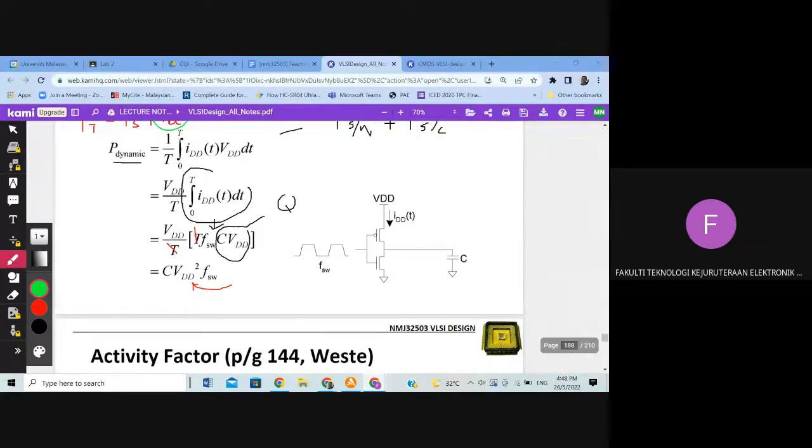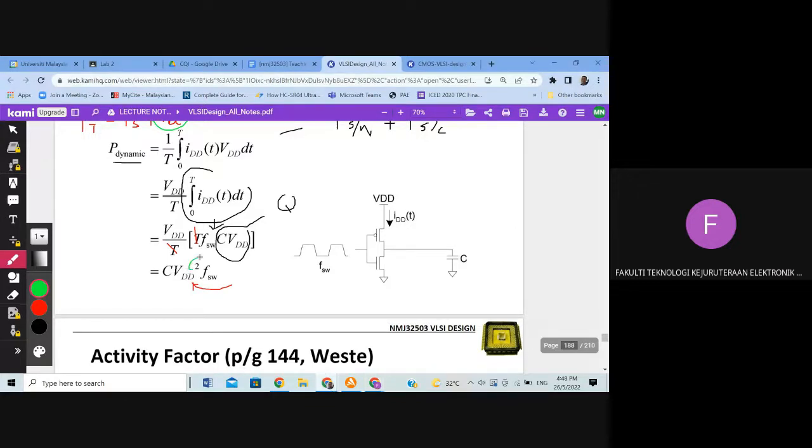The answer is actually that all of the elements are very important. Thank you, Haris, for the response. C, V, and F switching are very important to reduce the dynamic power. But the highest weightage of the contribution actually comes from VDD.